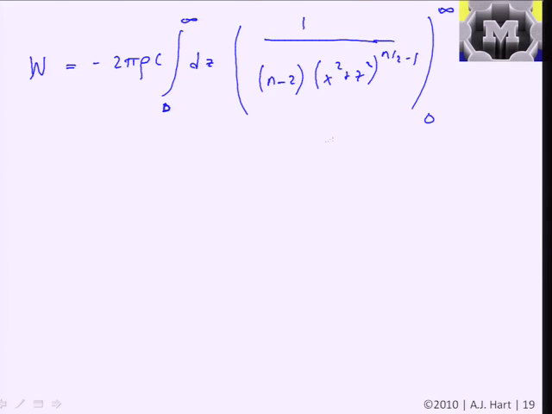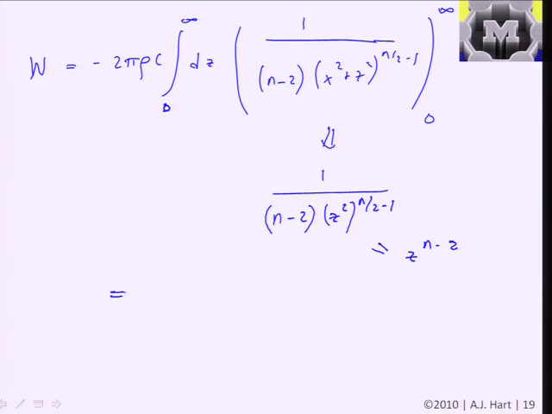So now this can become 1 over n minus 2 multiplied by z squared to the n over 2 minus 1. And then z squared to the n over 2 minus 1, you just multiply the exponents, and we get z to the n minus 2.